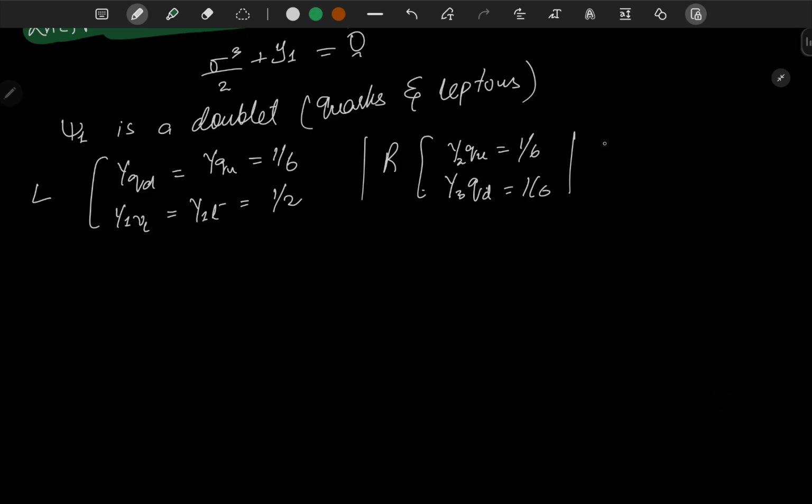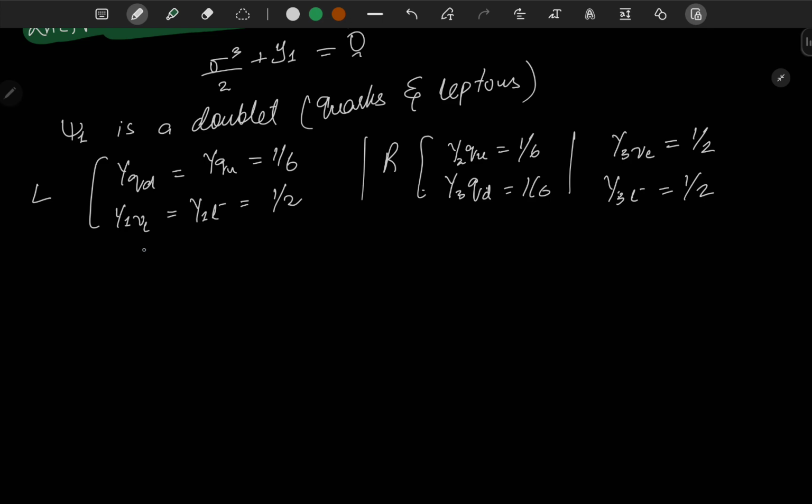And for right-handed, I get 1 over 2, and the same for the lepton, that is 1 over 2.